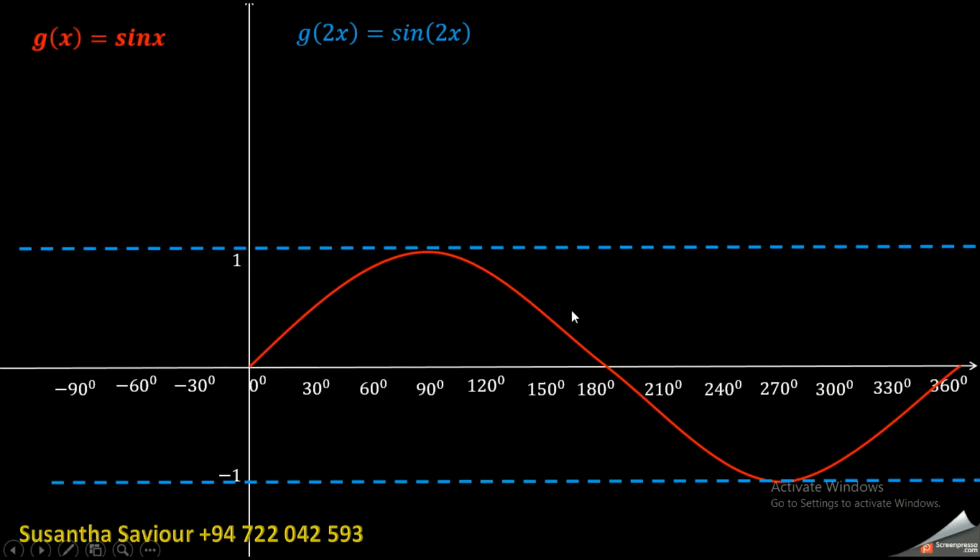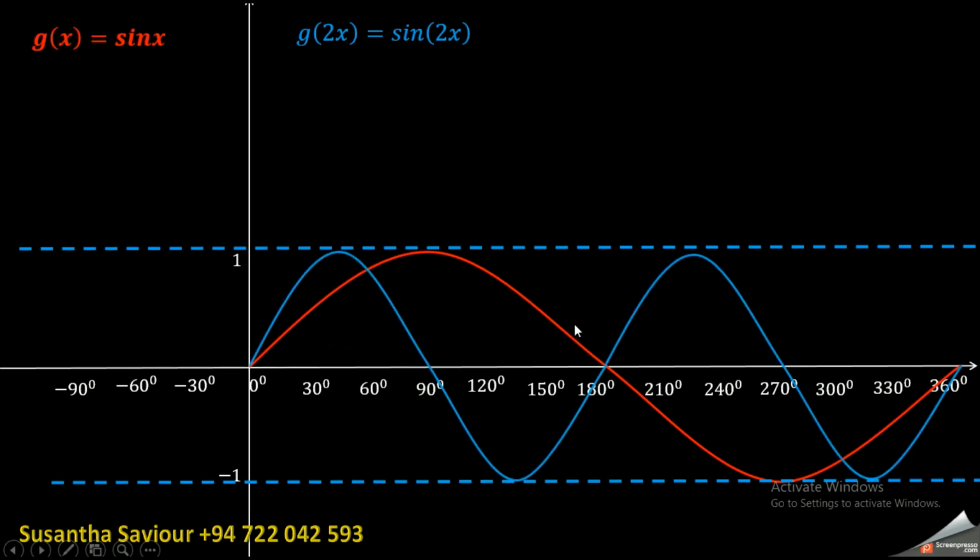Look at this. So what happened at x equals 180 will occur at 90, right? What happened at x equals 360 will occur at 180, and then this curve is repeated back again.